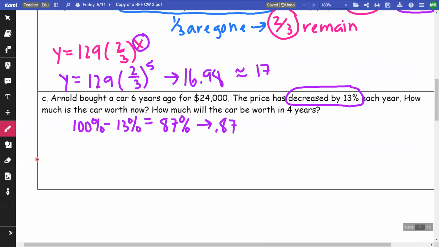So we are starting with this 24,000, but we need to pay attention to that. That was 6 years ago. Okay, so I'm going to start with 24,000 times it by 0.87 to the power x. Okay, and remember, x is years after the car was bought.